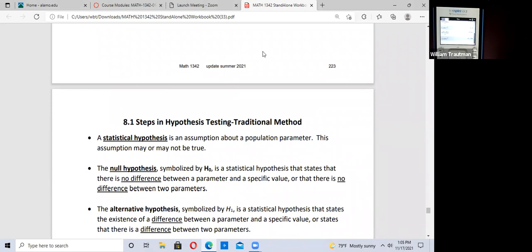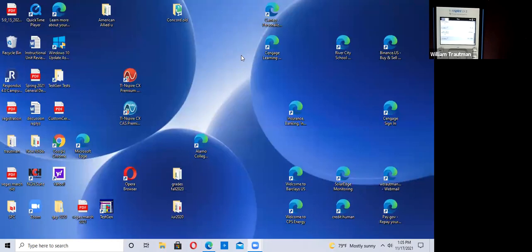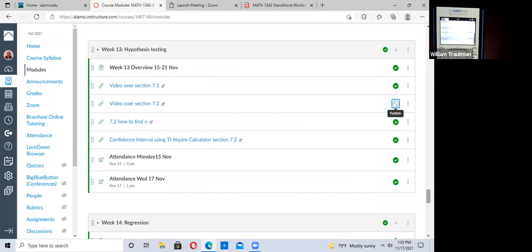We're doing the confidence interval when we have a list, and then we're going to find N. Those are the three things we're doing in this section. So let me get to the homework.